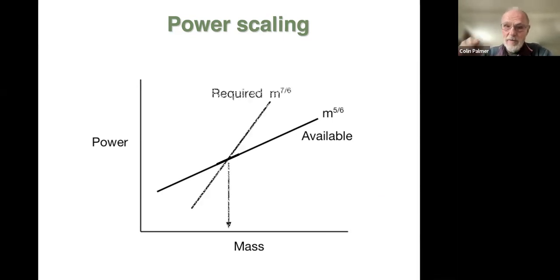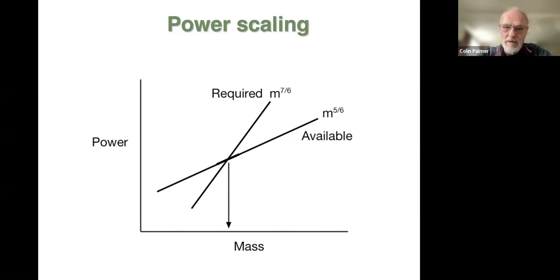However, the power required varies with a different exponent. It varies with the exponent of 7/6. So the power requirement at some point becomes more than the power available for a given morphology. And people have argued that this is a very good way of determining the upper limit for the mass of a flying creature.